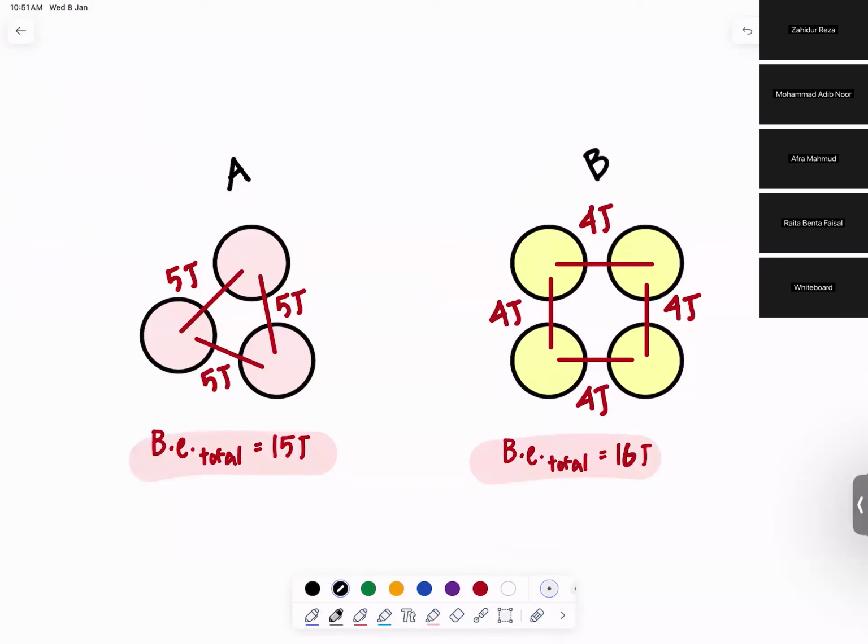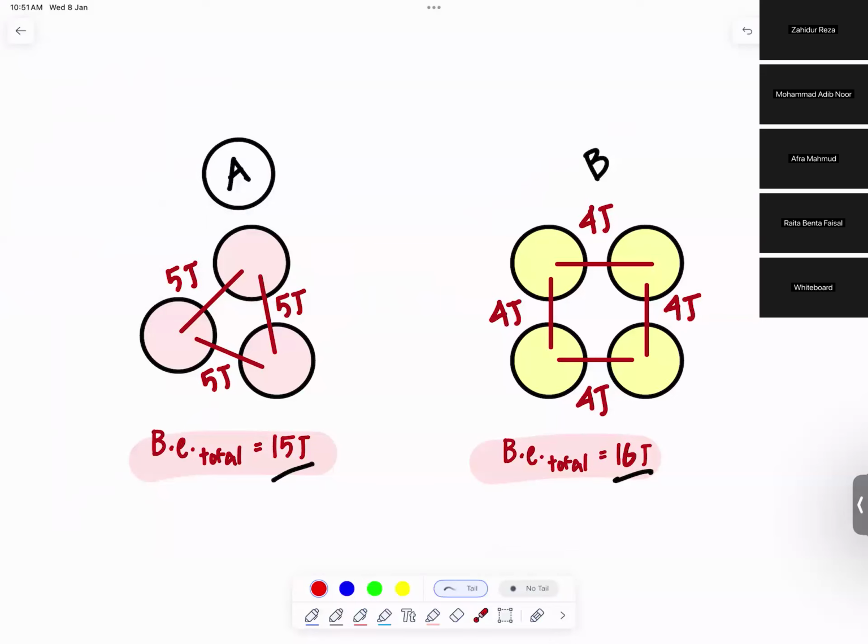The one with higher total binding energy or... Okay. So the correct answer here is A. Despite having less total binding energy, it is actually more stable.